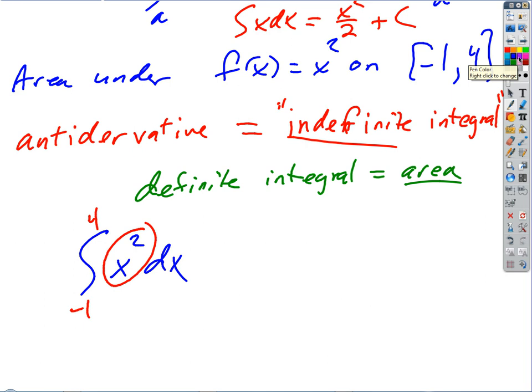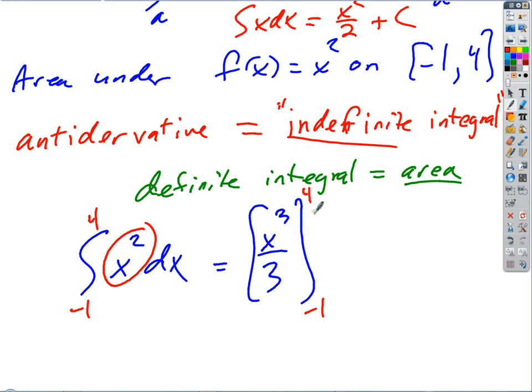What is the antiderivative or the indefinite integral of x squared? We're going to get x cubed over 3, but we're going to evaluate that from -1 to 4.